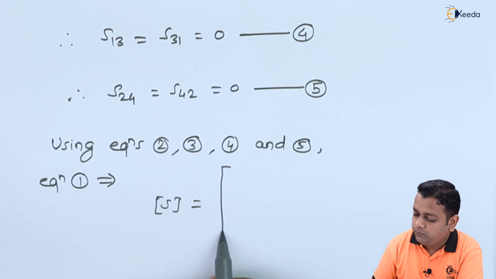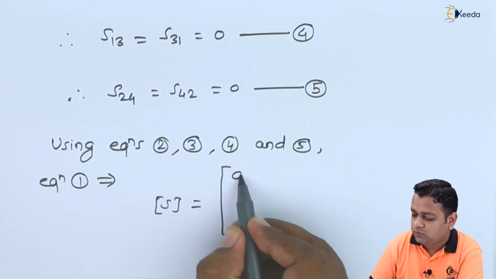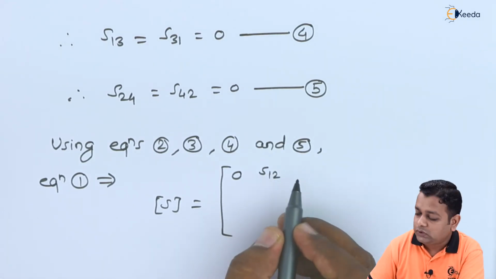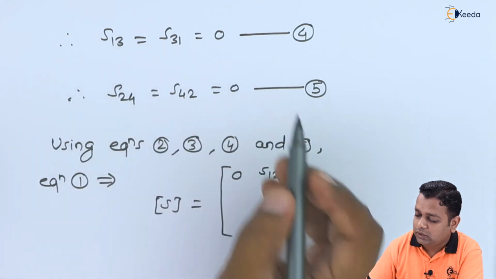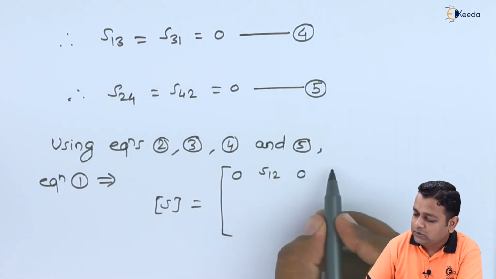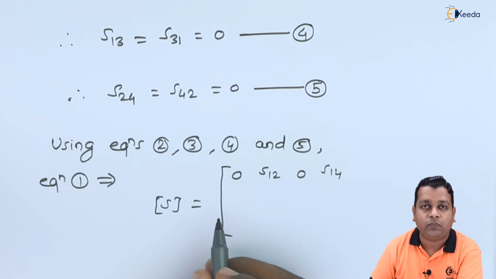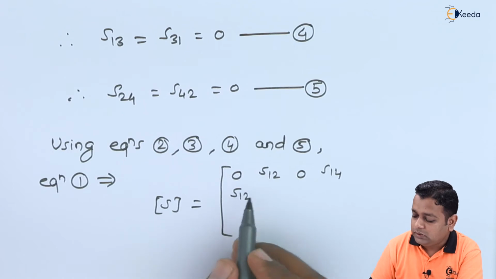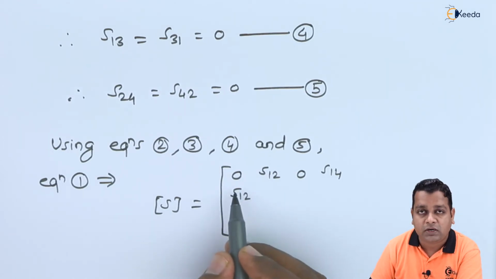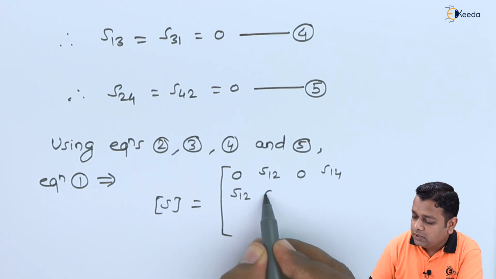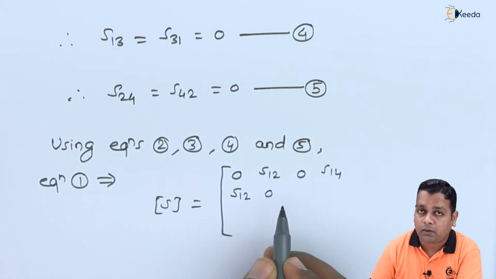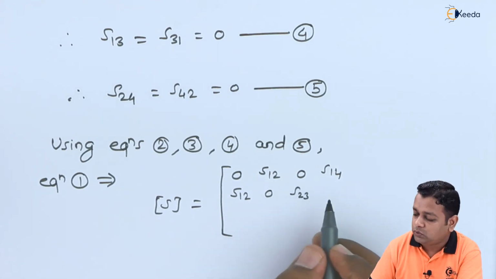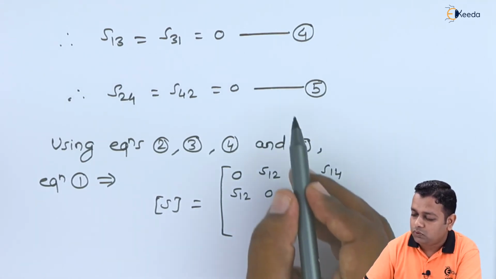In the first row in the modified form, S11 will be equal to 0, S12 as it is, S13 because of equation 4 will be 0, S14 as it is. In the second row, S12 will be the same instead of S21 because of the symmetric property. In place of S22 it is 0 due to the perfect matching. S23 as it is, and in place of S24 it will be 0 due to equation number 5 here.